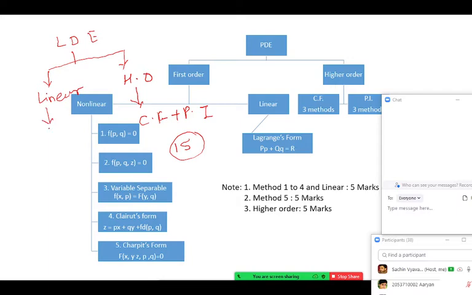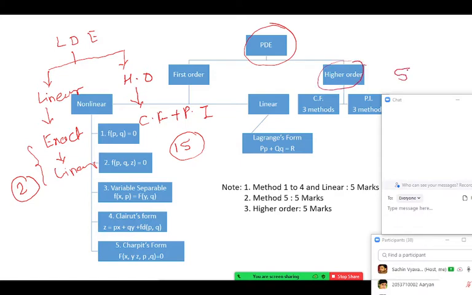In linear, we have the exact and linear differential equation, which has 2 marks weightage. That is about LDE. But for PDE, higher order has 5 marks weightage, and first order PDE has the remaining nearly 12 marks weightage.